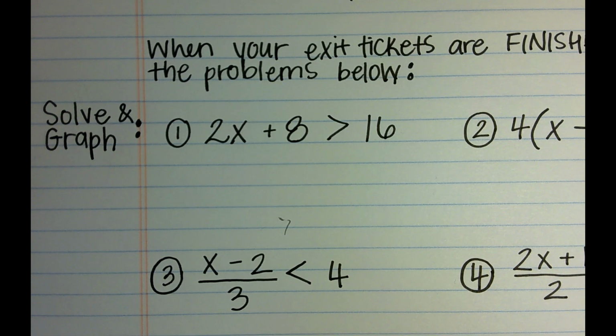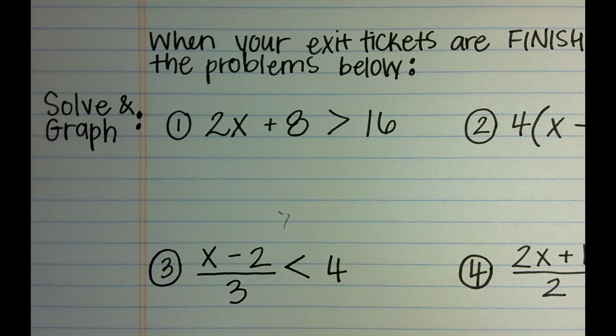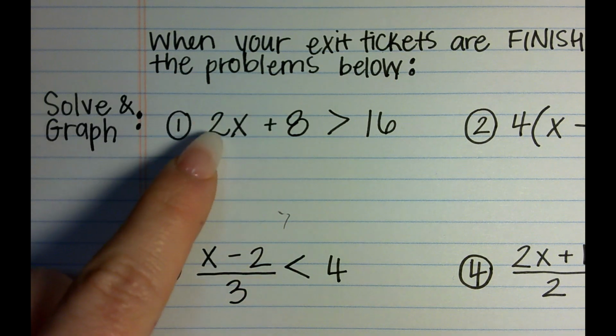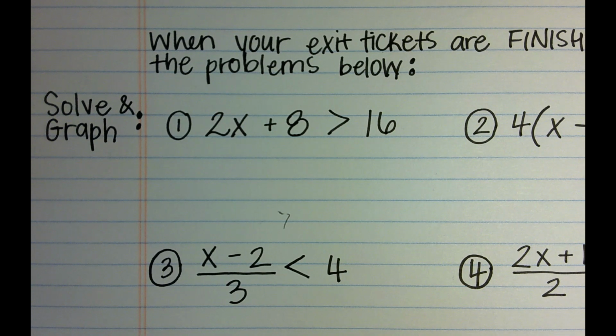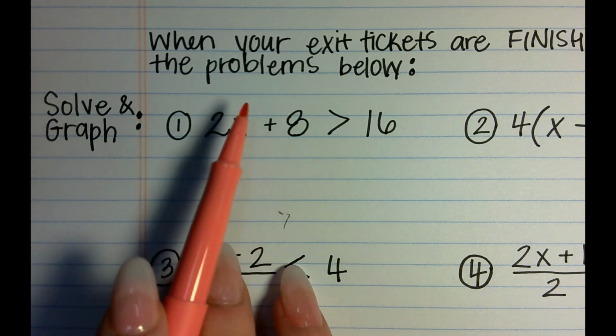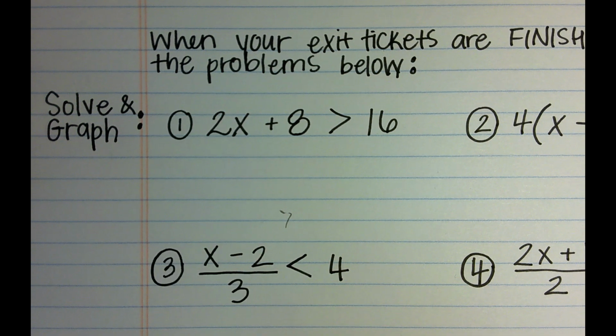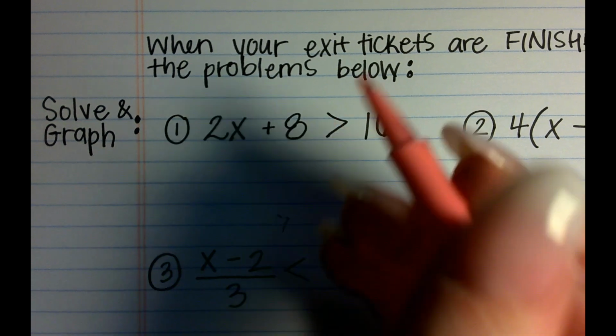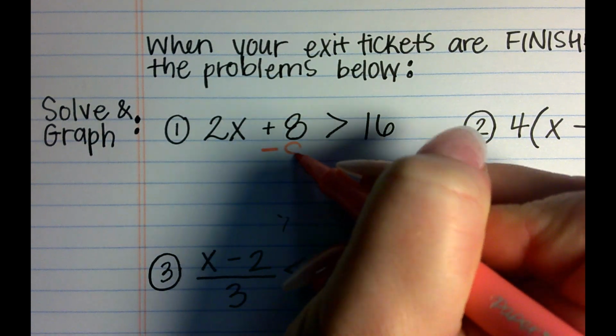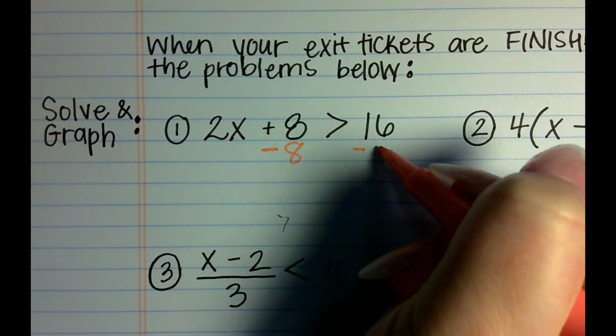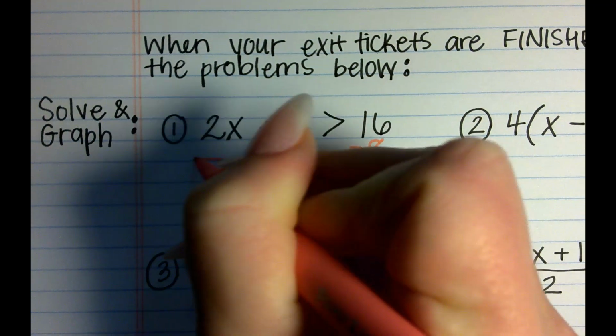Looking at inequalities now. Would anybody like to lead us in solving number 1? Jessica? You have to get the x by itself first, so you have to subtract 8 from each side. Perfect. We want to get x by itself. So first we subtract 8.